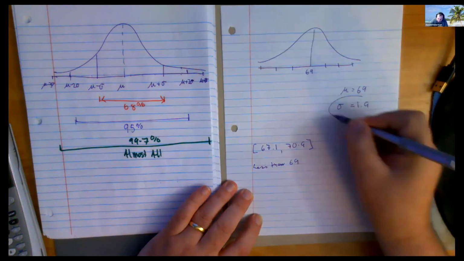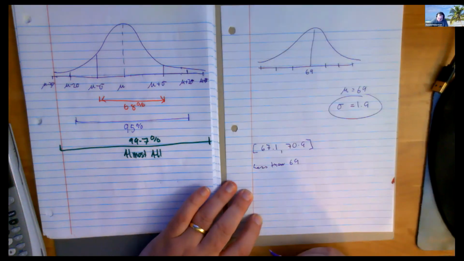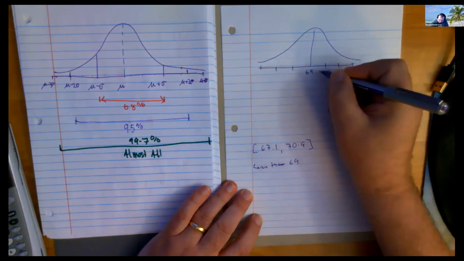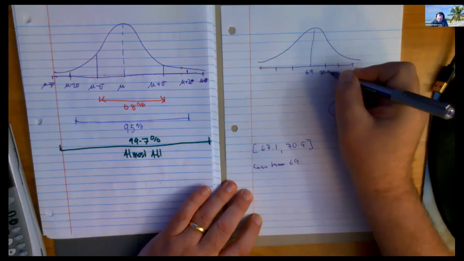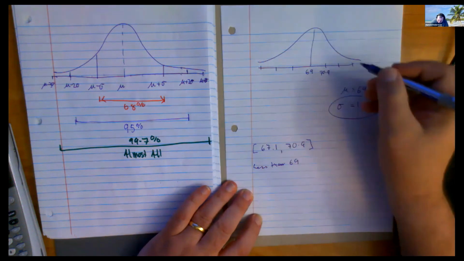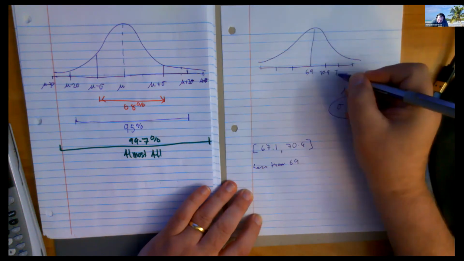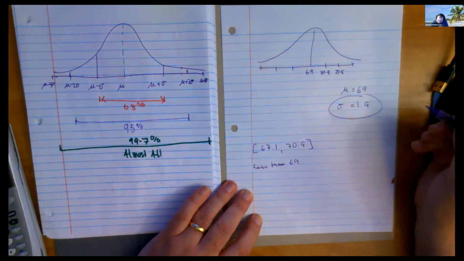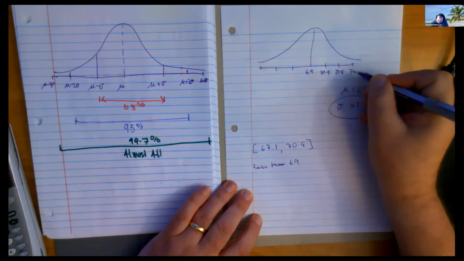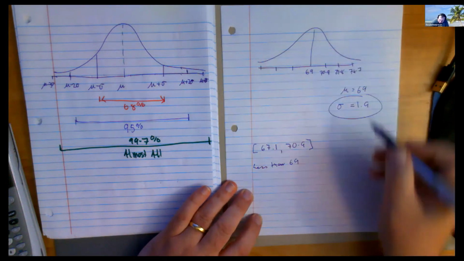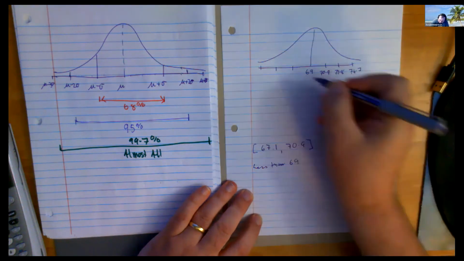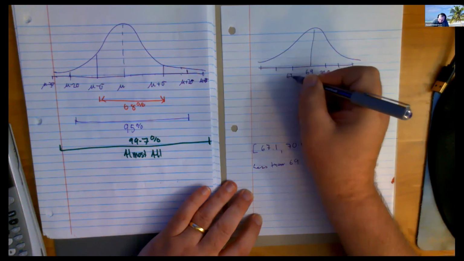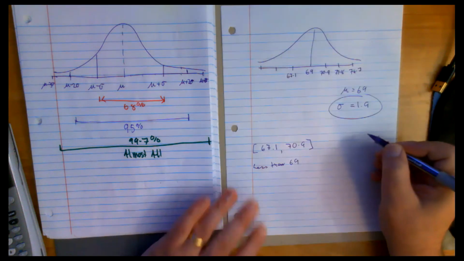And since the standard deviation is 1.9, I would get 70.9, 72.8, and finally 74.7, I believe. And if I went the other side, take 1.9 away, and that's 67.1. You take 1.9 away again.